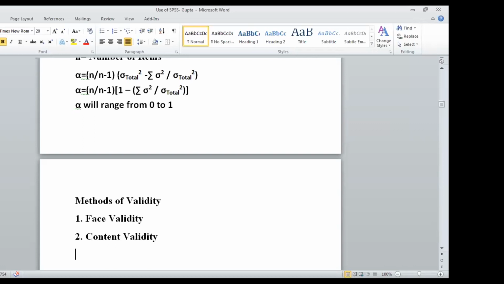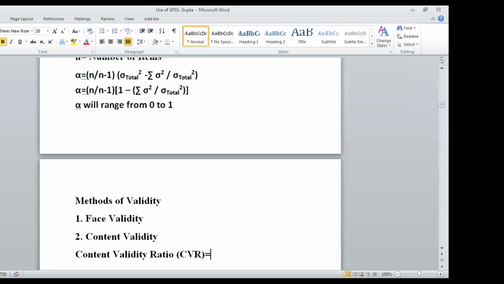If it is not rejected, then it should be kept in the tool. From the observation of the experts, you can find out the content validity ratio. It is called CVR.